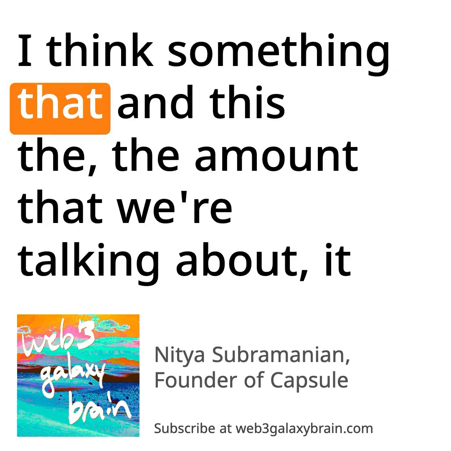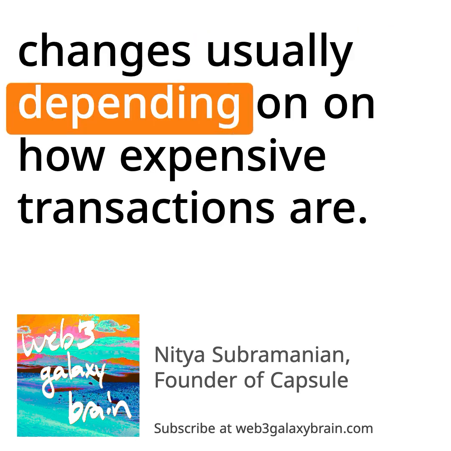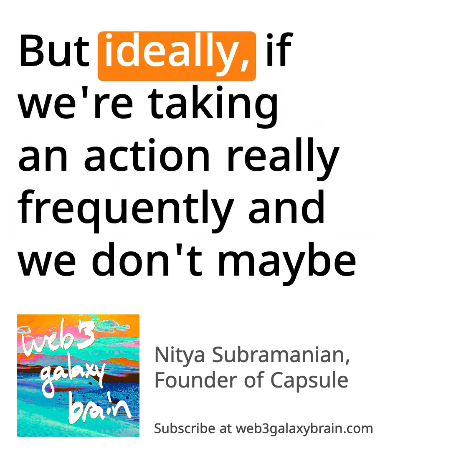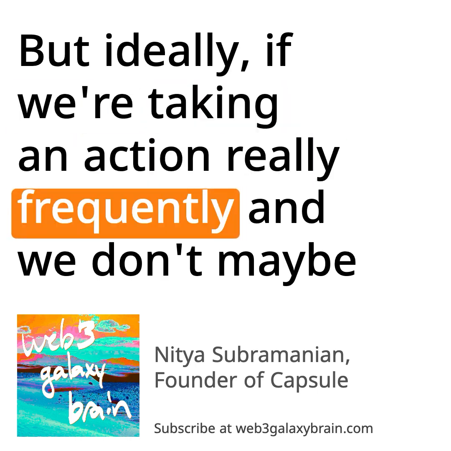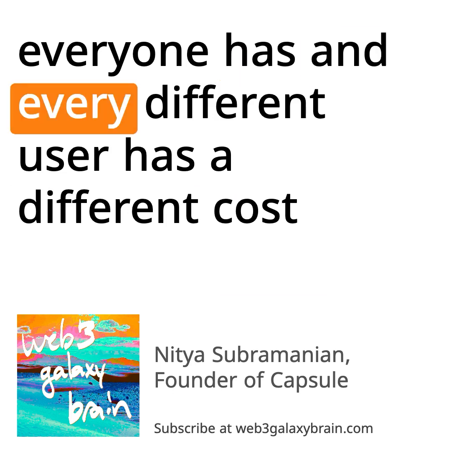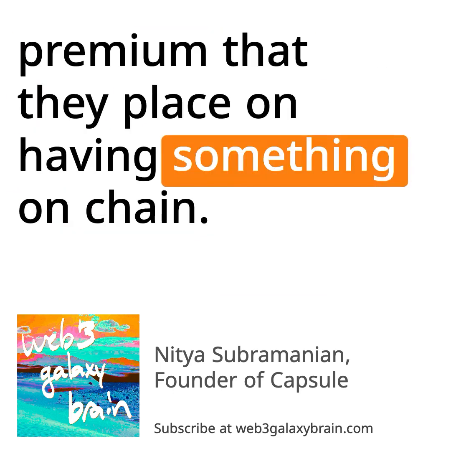The amount that we're talking about usually changes depending on how expensive transactions are. But ideally, if we're taking an action really frequently, every different user has a different cost premium that they place on having something on chain.